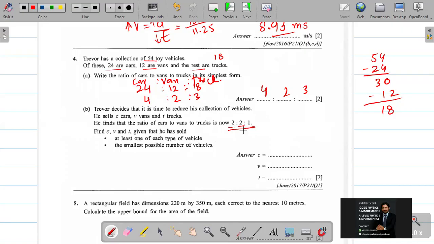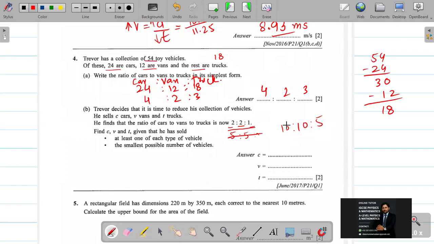I'm saying just multiply them with 5, multiply with 5, multiply with 5. Then I get the ratio 10, 10, 5, which is 25 now. Which is the highest value that can be used there?